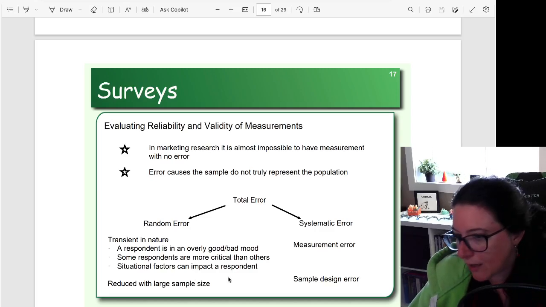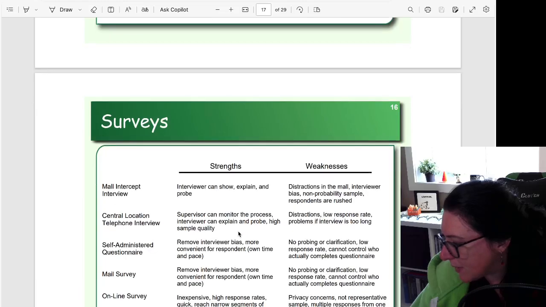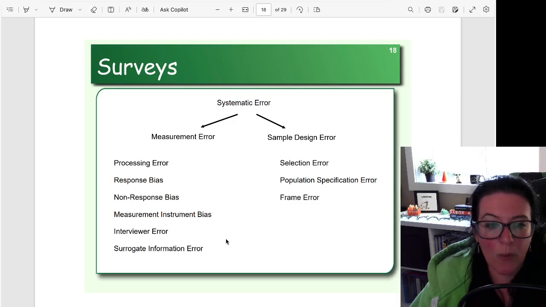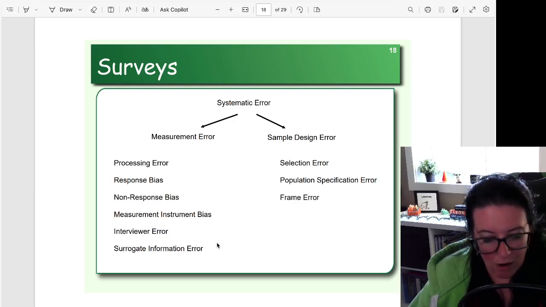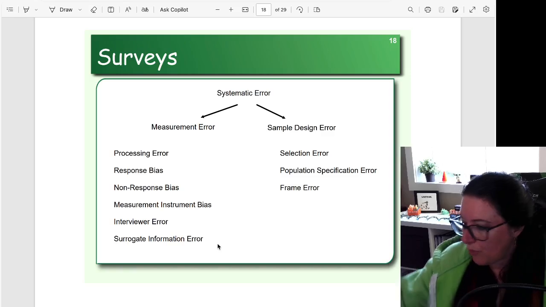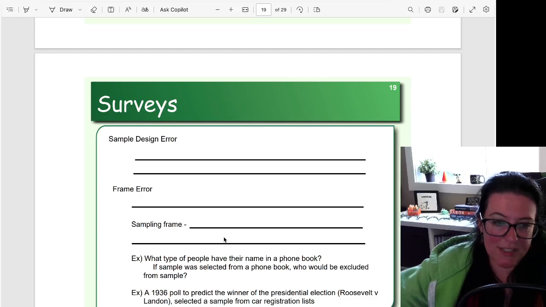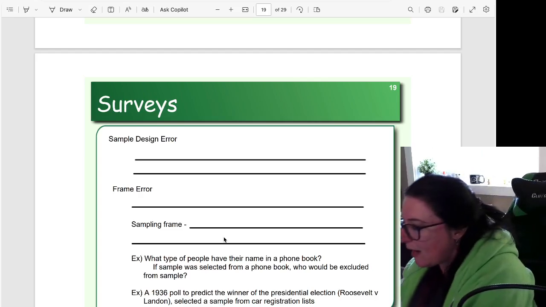So let's look here at sample design error. When we talk about sample design error, we have selection error, population specification error, and frame error. So let's start here. And let's first define that sample design error.